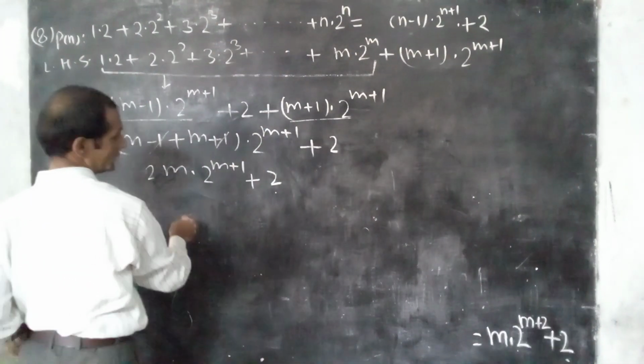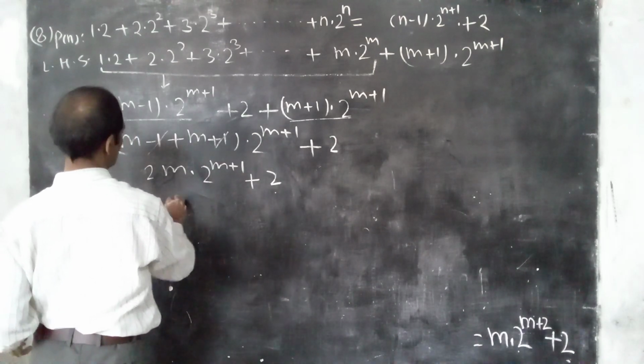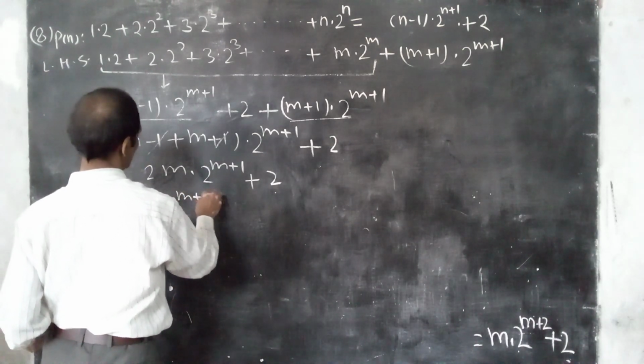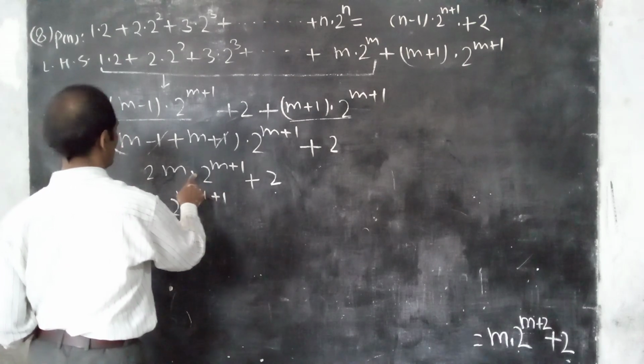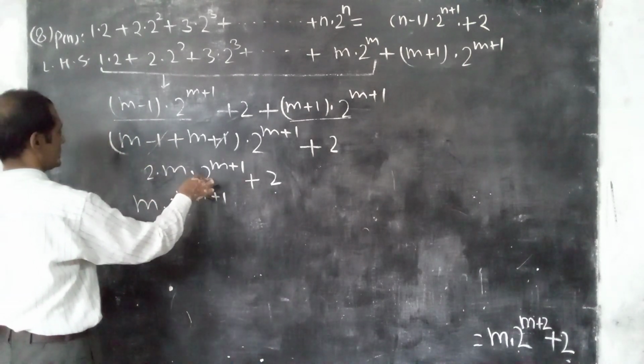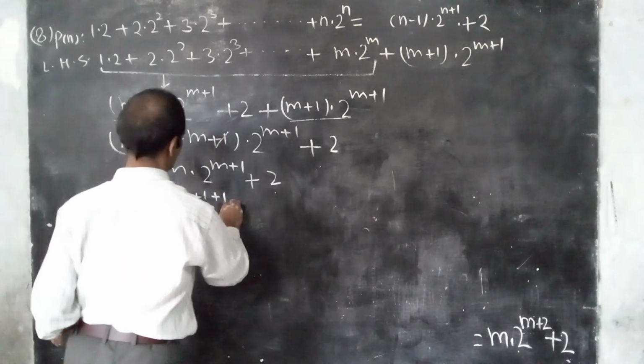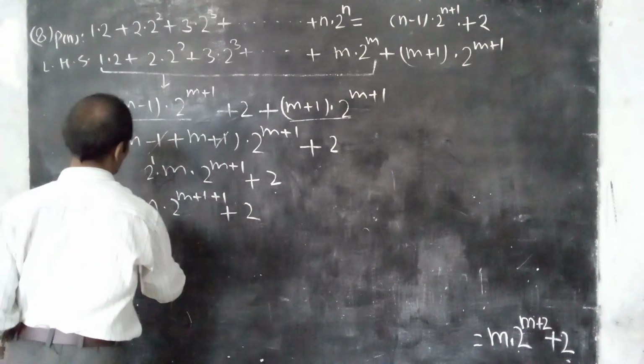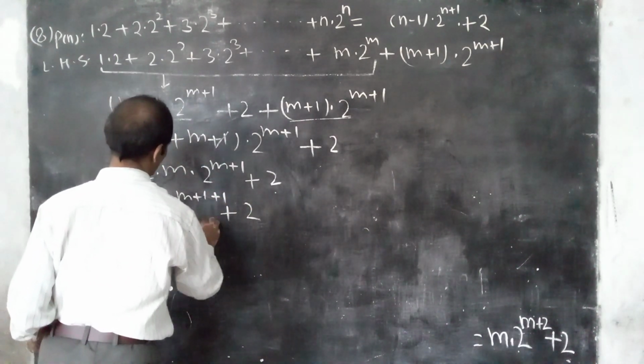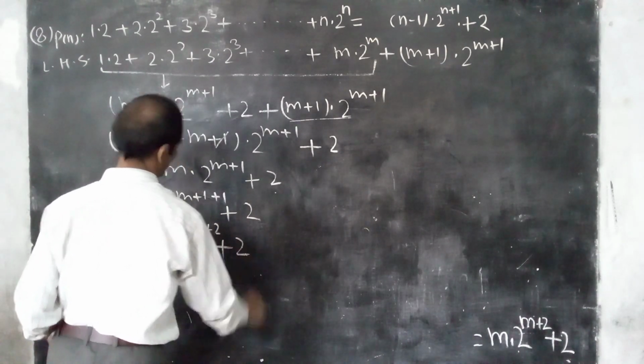So you get m into 2 raised to power m plus 1 plus 1. In multiplication, the bases are the same, 2 and 2, and the powers add: 1 and m plus 1. Plus 2. You get m into 2 raised to power m plus 2, plus 2.